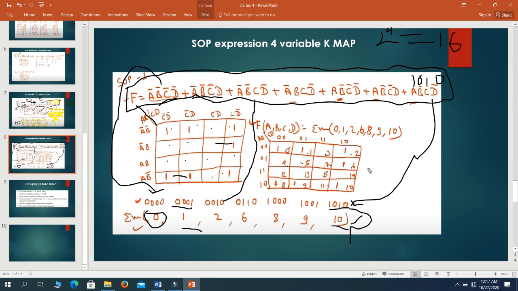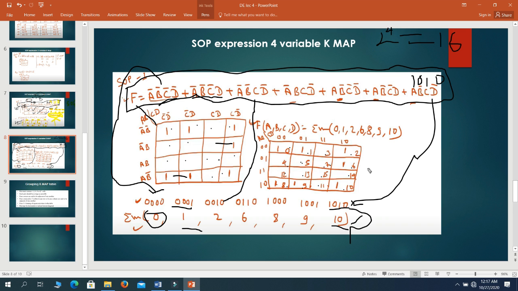So this is what you need to remember. In between 5 and 6 there is 7. Then we have 12th cell, 13th cell, then 14th cell, in between we have 15th cell. Here we have this 8th cell, then we have 9th cell, then we have 10th cell, and then in between we have 11th cell.